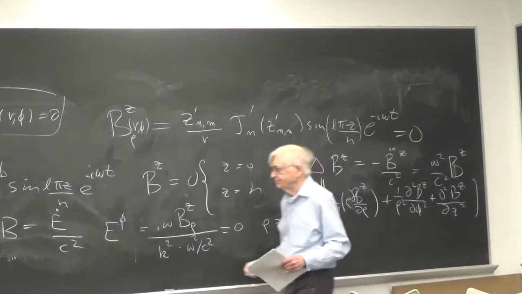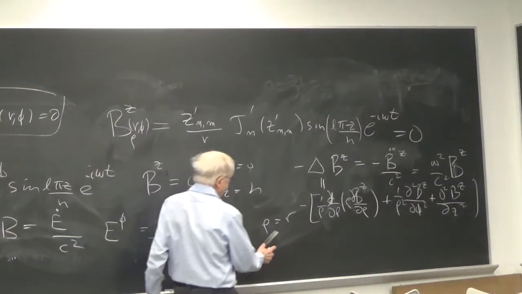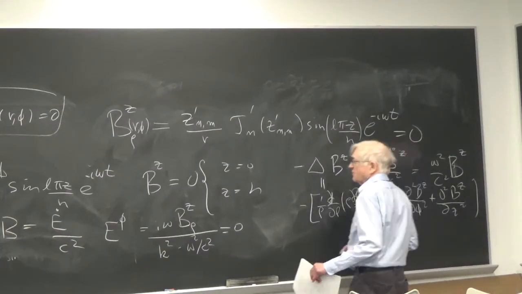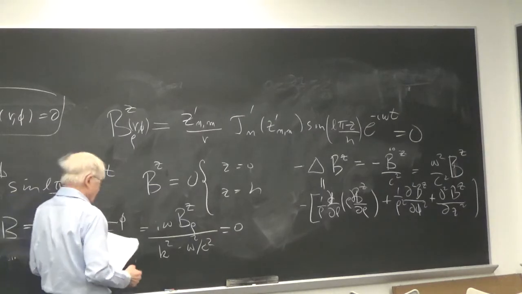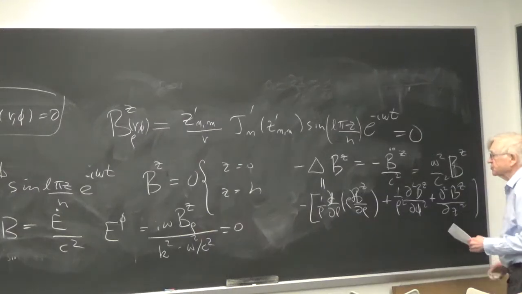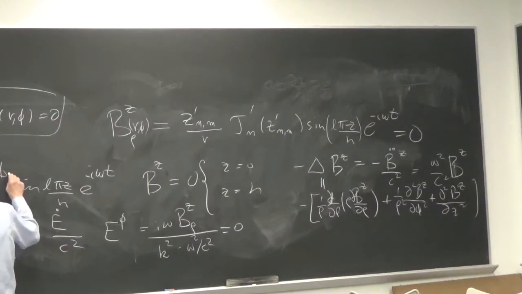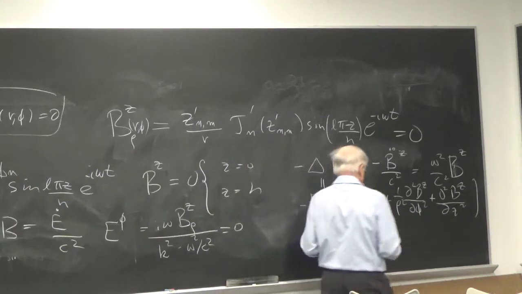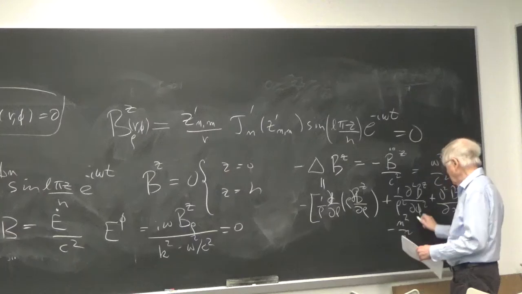And the derivative with respect to phi just pulls down an I. Actually, I must have written this incorrectly because there's an N here. This is I N phi. So this pulls down a minus N squared BZ.